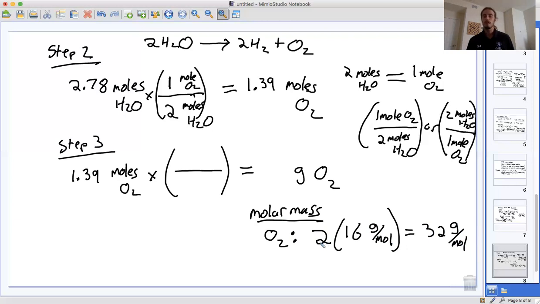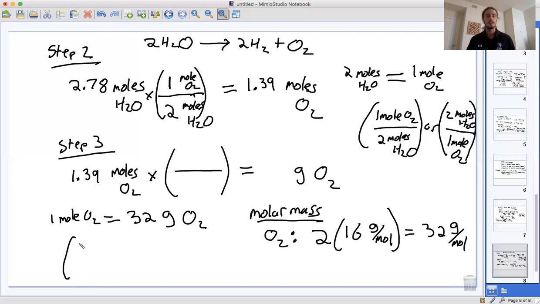So again, we've got 2 types of conversion factors we can write. We know that 1 mole of O2 has a mass of, oops, I wanted to say 18 again, but that's for water, of 32 grams. So I can write 2 different conversion factors.